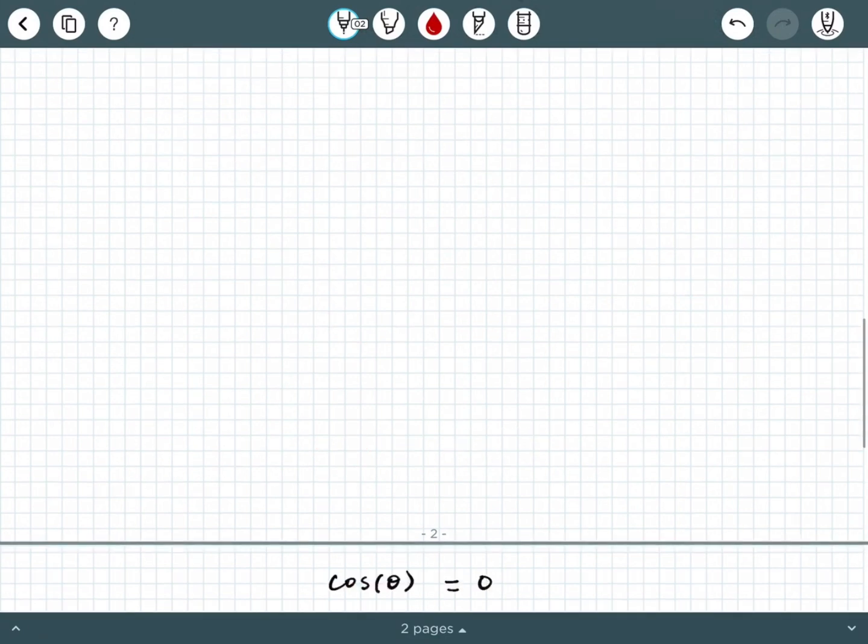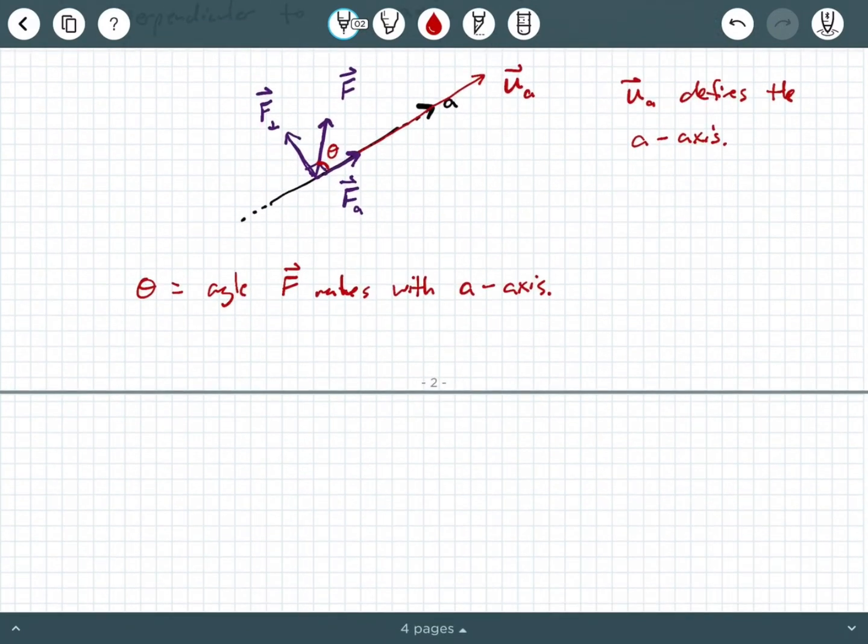Here's how we can piece things together and relate it to the dot product. The first thing I'm going to do is investigate this little right triangle that is formed between the A axis and F.